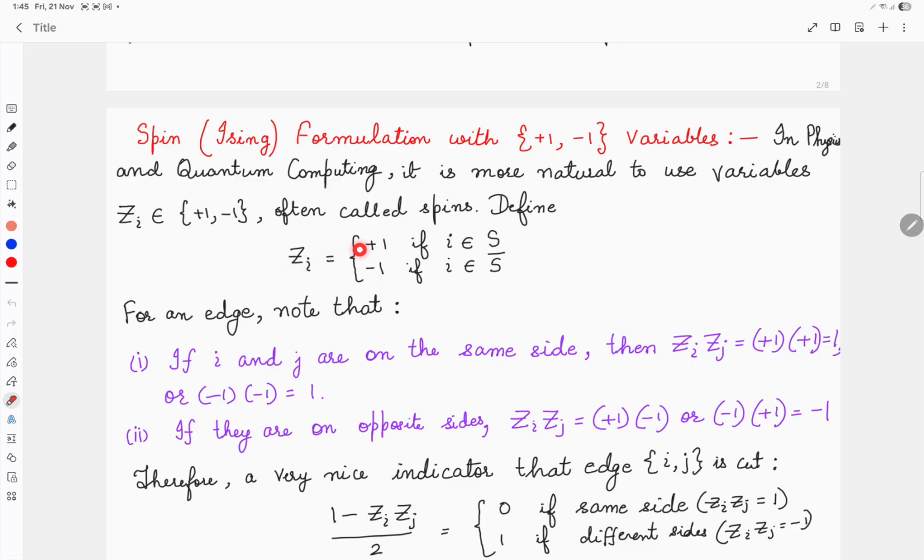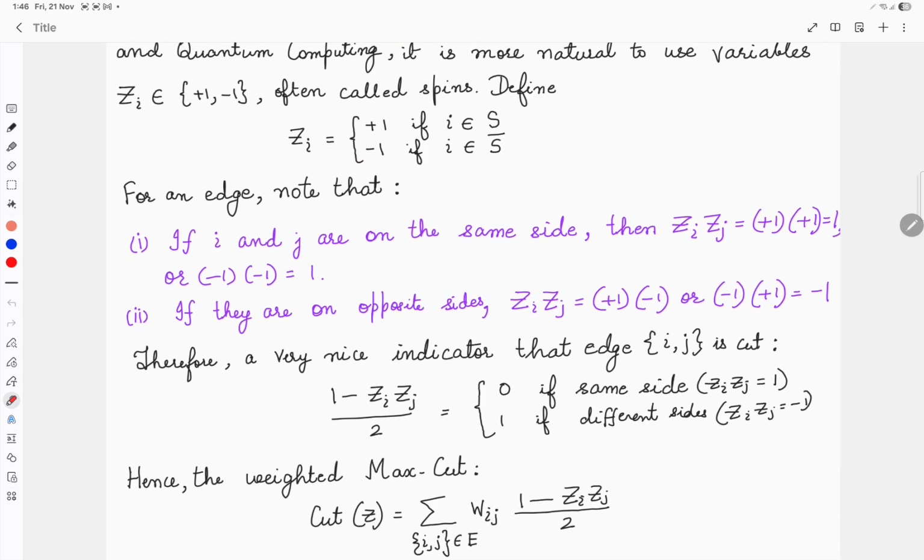Now zi will be equal to +1 if i belongs to subgroup S, and it will be equal to -1 if it belongs to the other subgroup, that means S bar. So there is a slight change from the 0-1 combination to the +1 and -1 combination.